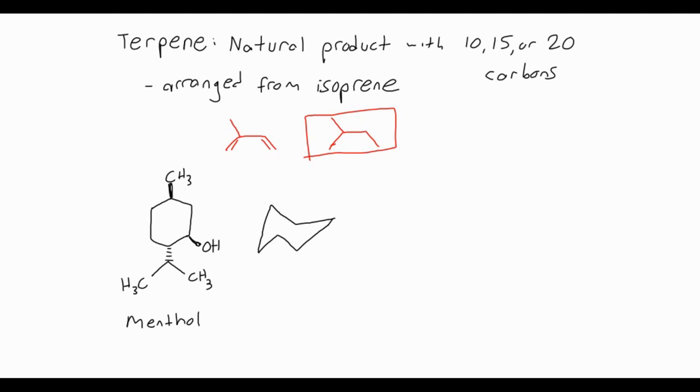So what's our most bulky substituent? That's going to be our isopropyl group here. So let's choose to put that in the equatorial position here. So that's going to be favored. And then to put the other substituents in, we have to look at the stereochemistry.